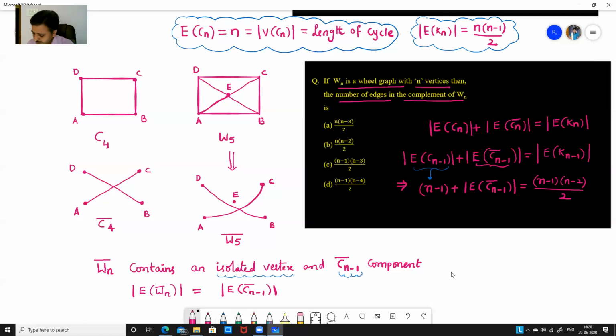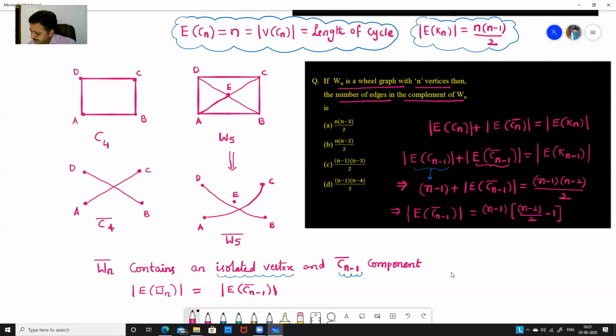But we want to find only number of edges in Cn bar, that is, number of edges in Cn minus 1 bar. Just bring n minus 1 to the right side and take n minus 1 as common. The remaining part is n minus 2 by 2 minus 1.